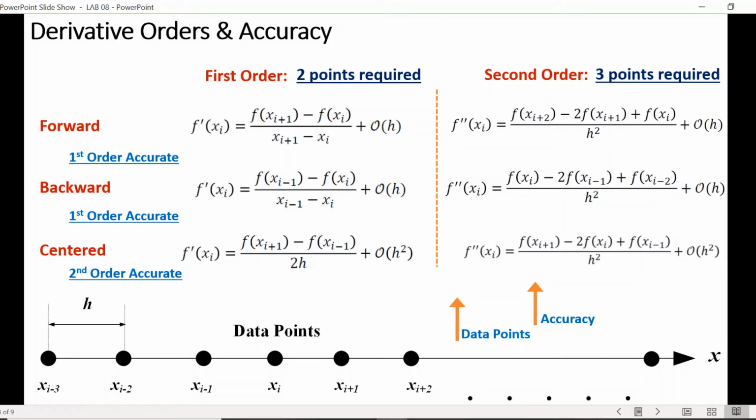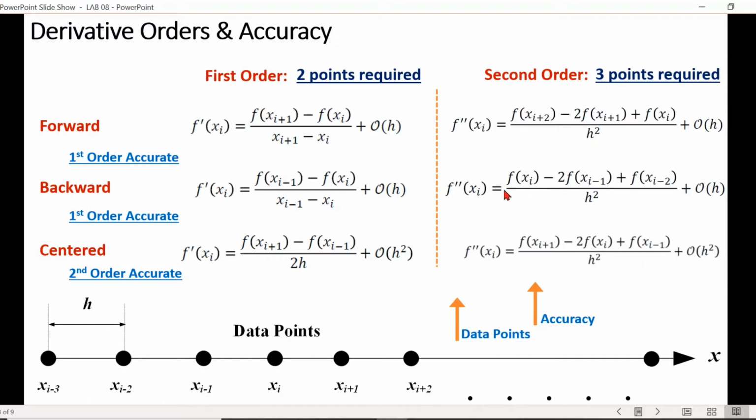For example, if we want to evaluate the derivative at data point xi, for forward difference scheme, for second derivative, we need to know 2 points ahead of this xi.